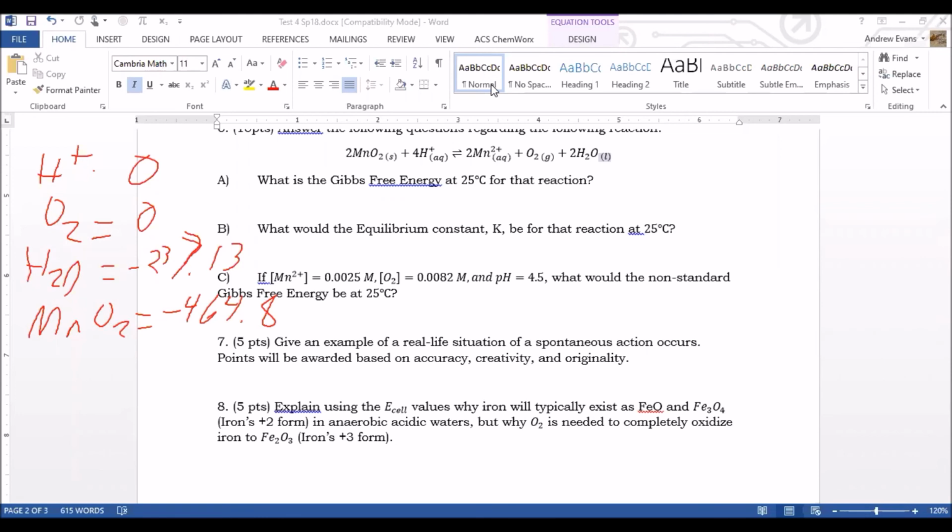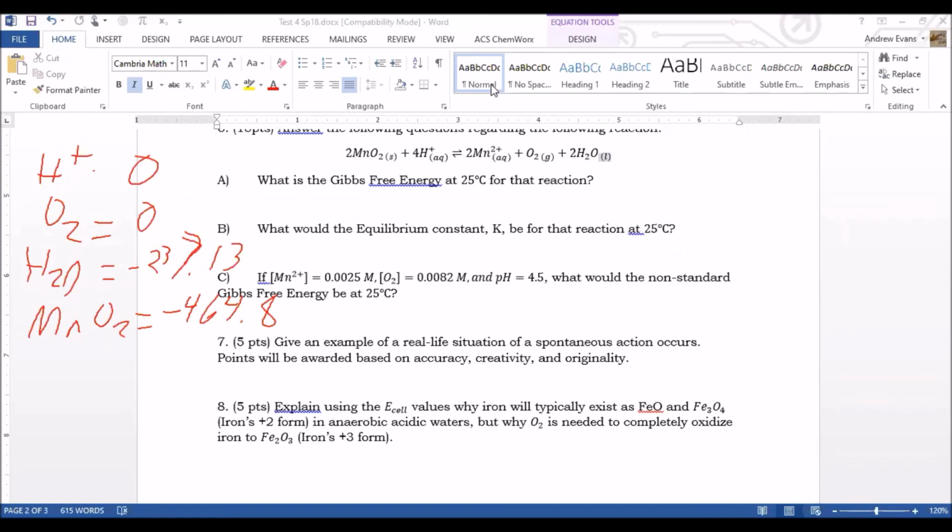Okay, that's a problem. I have to consult a different book. The book I have does not have Mn2 plus. So that's another reason to make sure you're using a good source, because not all these sources will have all the elements. You might have a shorter source.